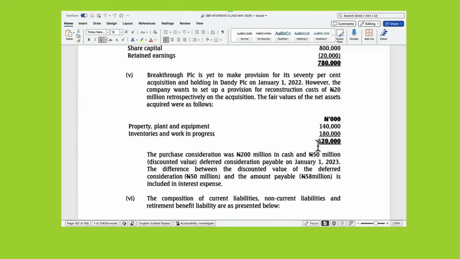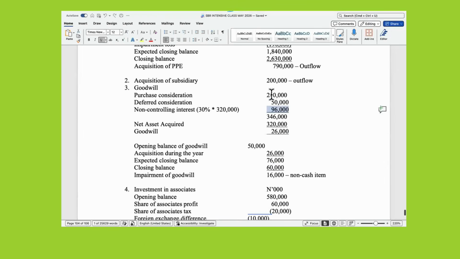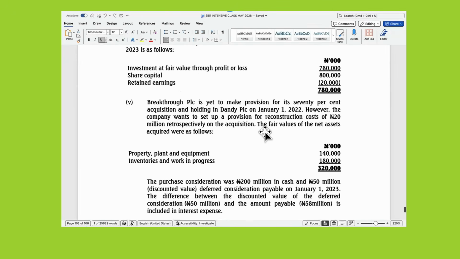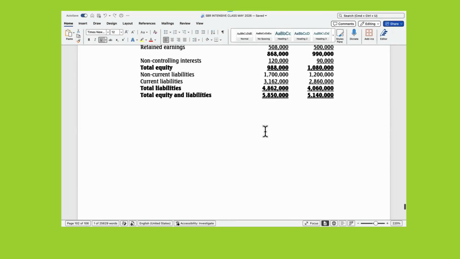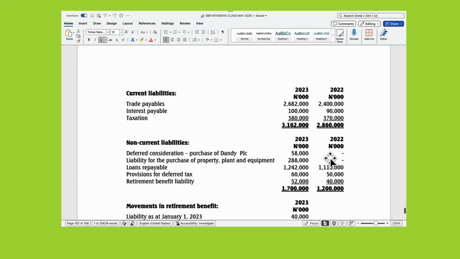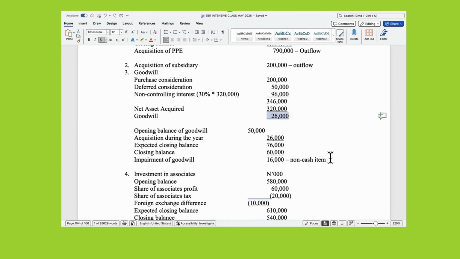I paid 200, I will pay 50 in the future. So 200 paid, 50 deferred, value of NCI, so 346. I compare with the net assets acquired, and I'm having 26. And when did I acquire that subsidiary in note 5? In 2022. But how much? It was 50. That was the goodwill in 2022. So what's happening? I look at the movements: the opening goodwill was 50.